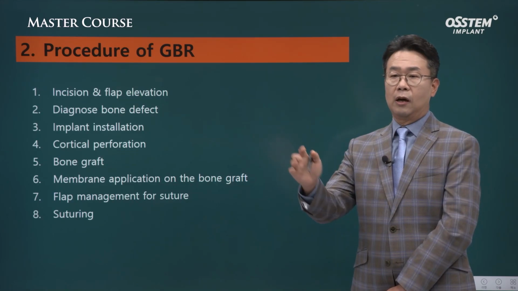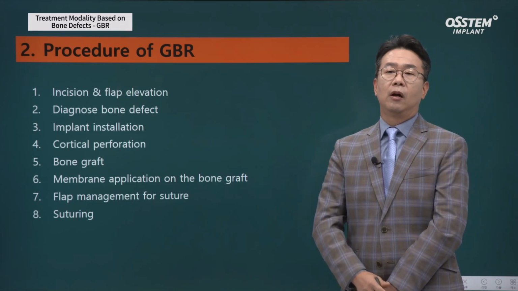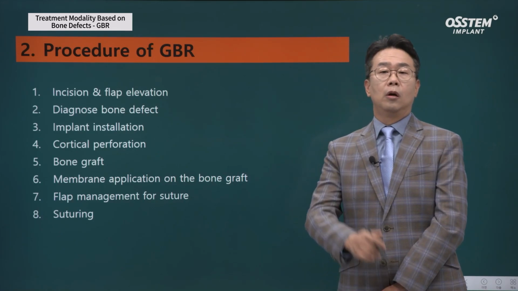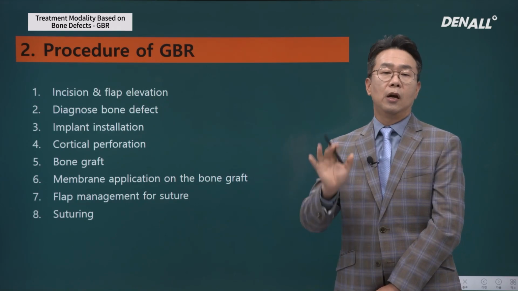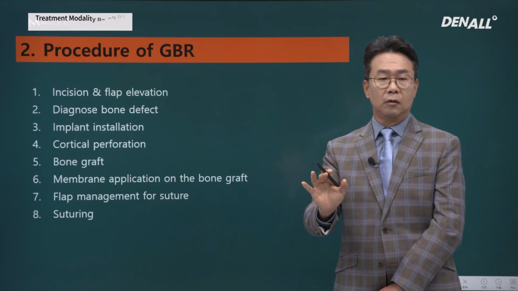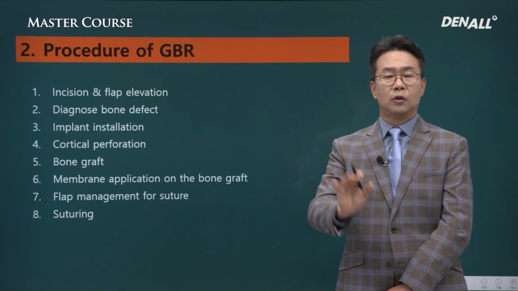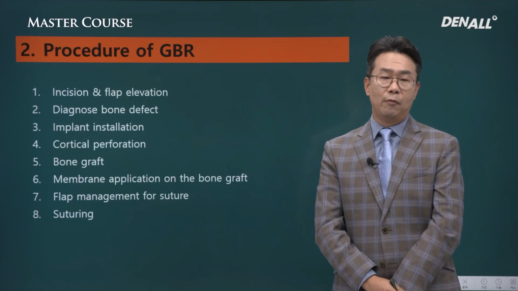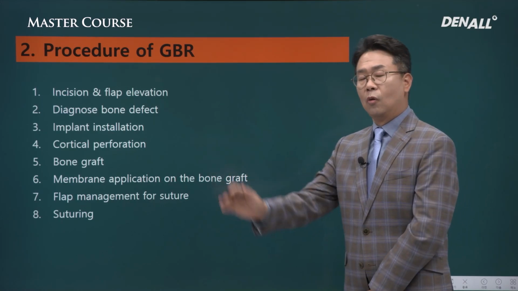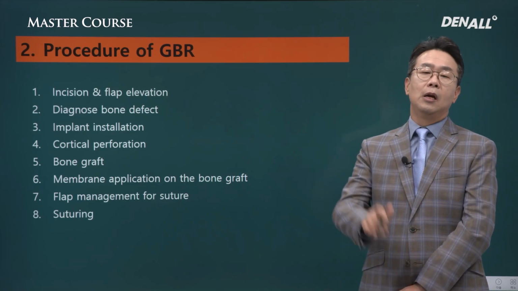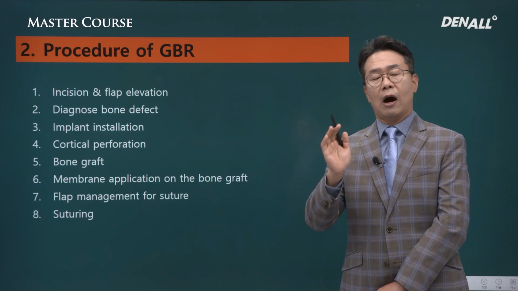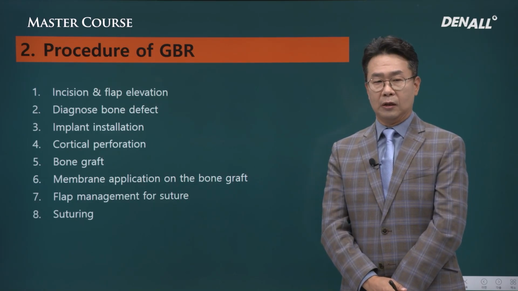If you look at the order, you make incision, reflect flap, check the defect, and then place the implant. You use membrane and bone graft materials and apply it there, and after that you do suture and close the case. If you look deeper into different steps, it gets more complicated, but you need to have this big picture in mind as we perform GBR.